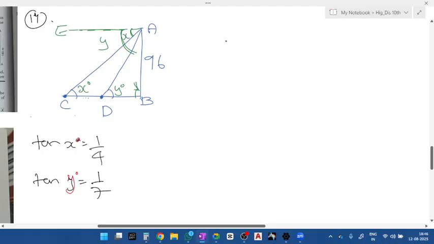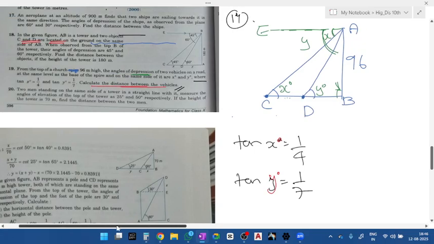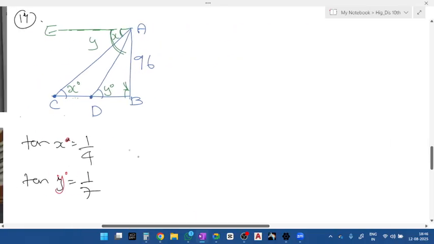Now tell me what are the two triangles we have to consider. Okay, what do we need to find here? Calculate the distance between the two vehicles. What are the two vehicles here? C and D. If you want to find the distance between C and D, we need to find this distance. Okay, just keep it as it is. Now tell me the two triangles, Charisha. What are the two triangles you will consider?